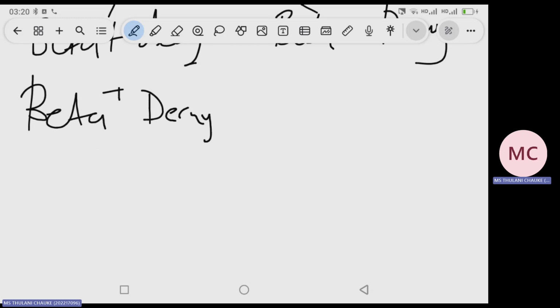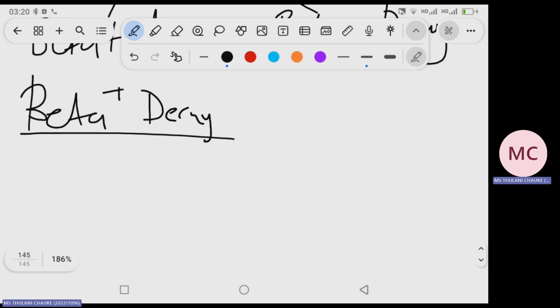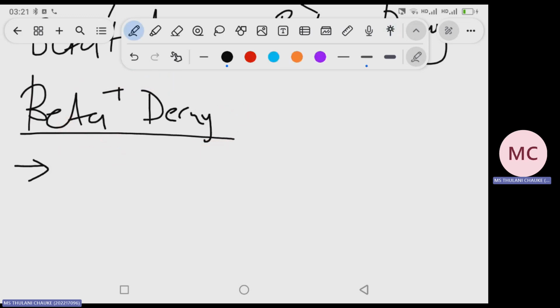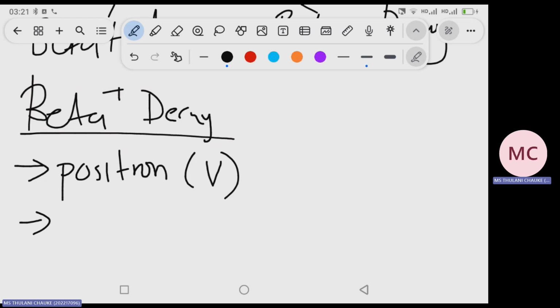So what you have to know are the properties. Under beta plus, you have to know that a positron will be emitted, and then a neutrino will be emitted.